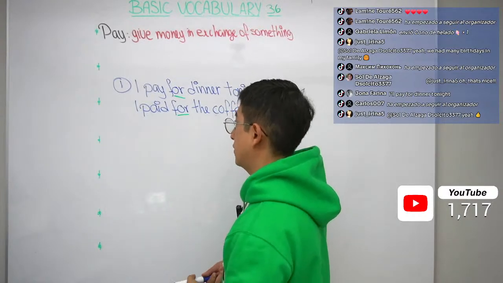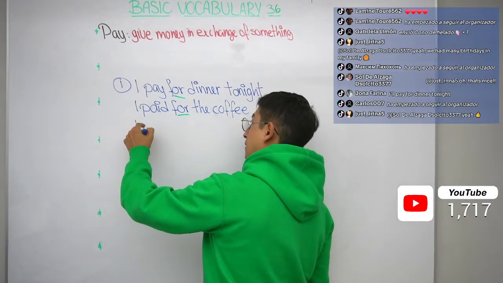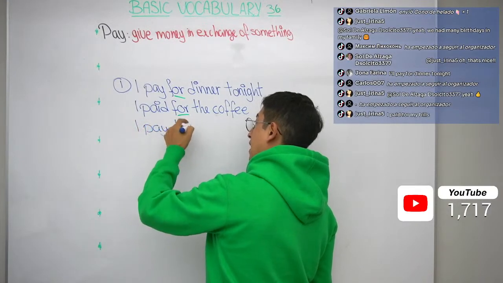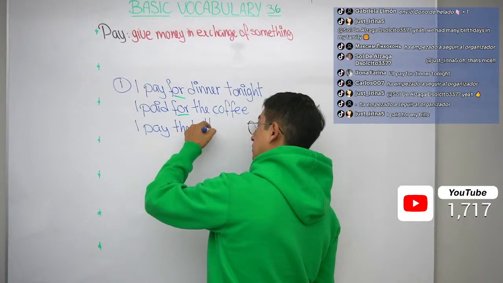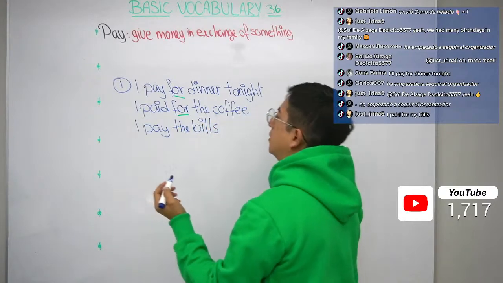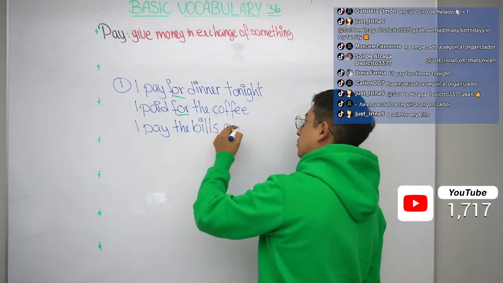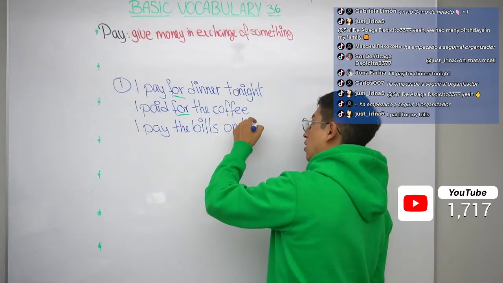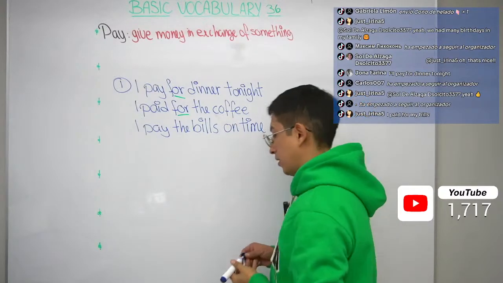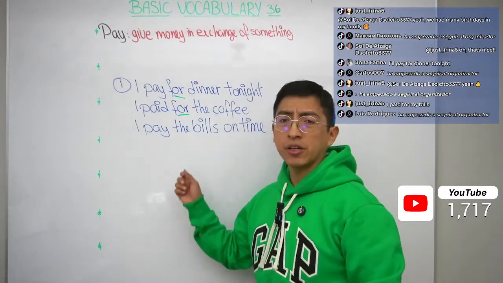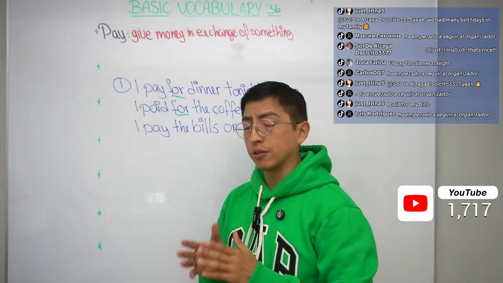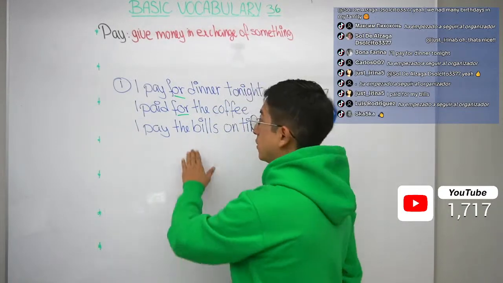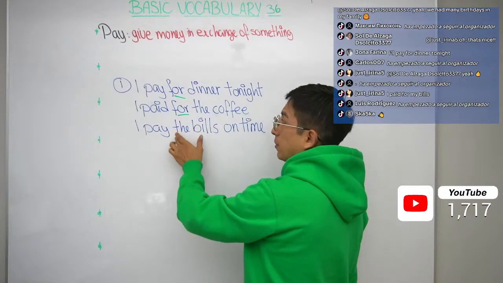We can say, for example, I pay the bills. And we can add something else too: I pay the bills on time. This is something very common. In this case, we're not using the preposition for.